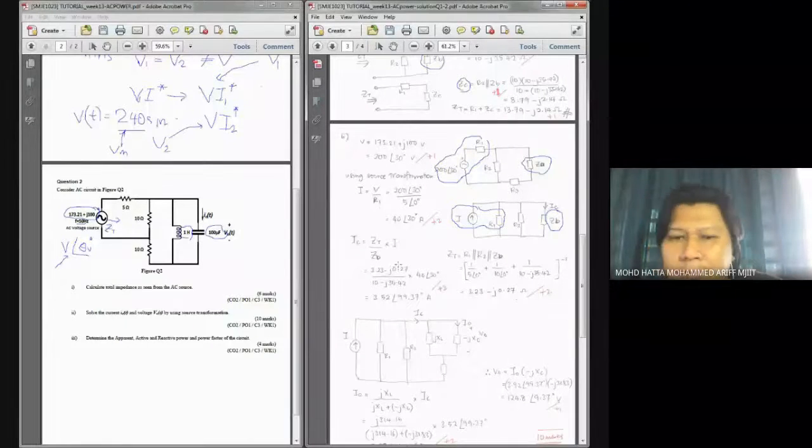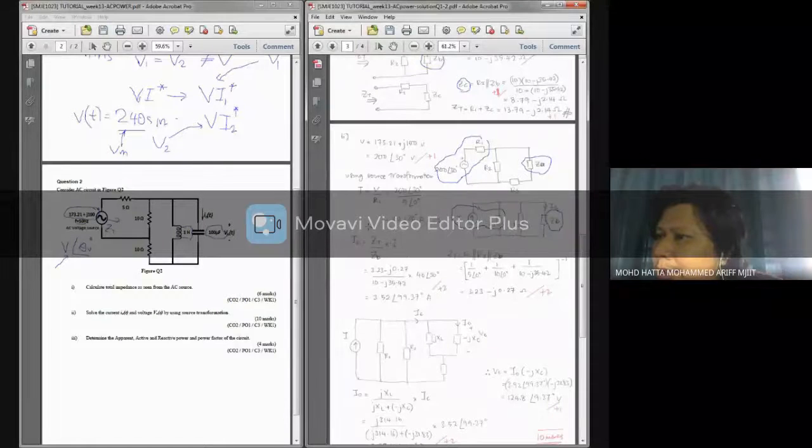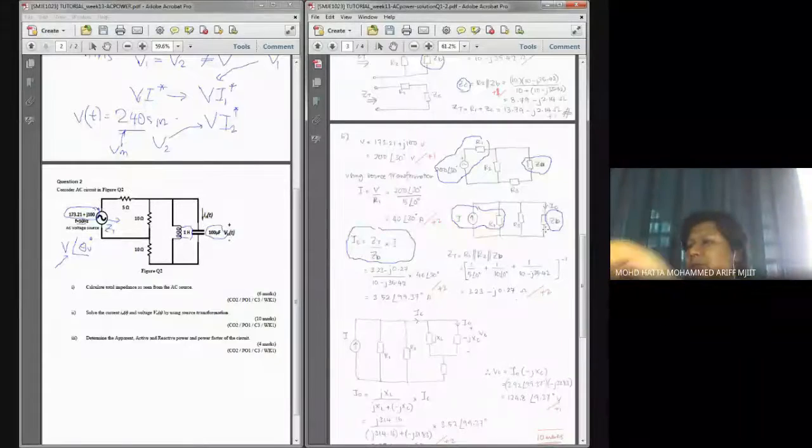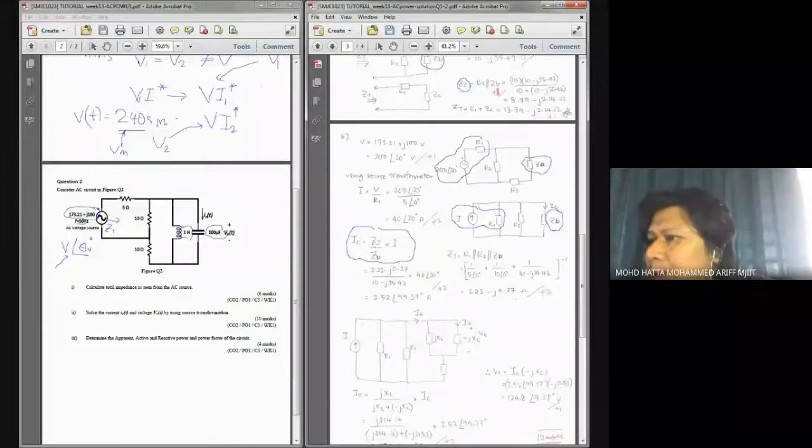current divider rule. But here you see that my current divider rule equation is a bit different because I have 3 parallel connected elements. So I need to use this equation where I need to use Z total divided by ZB.